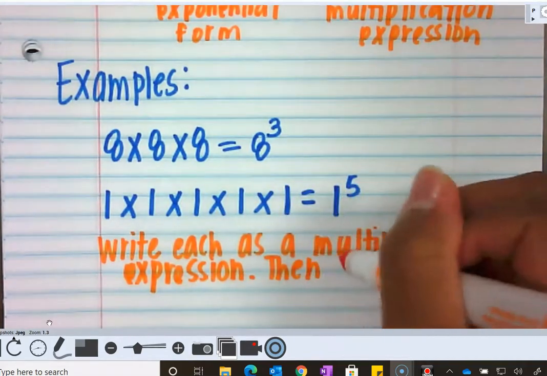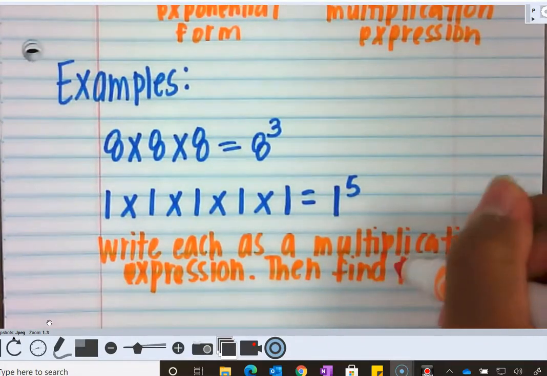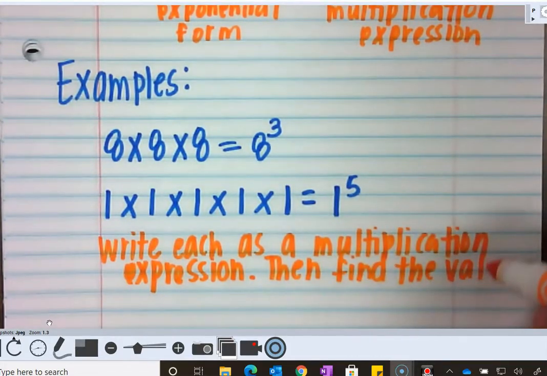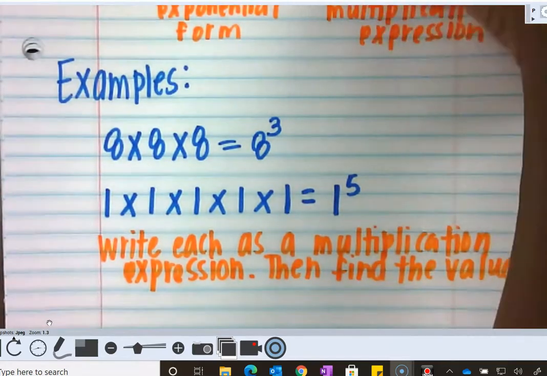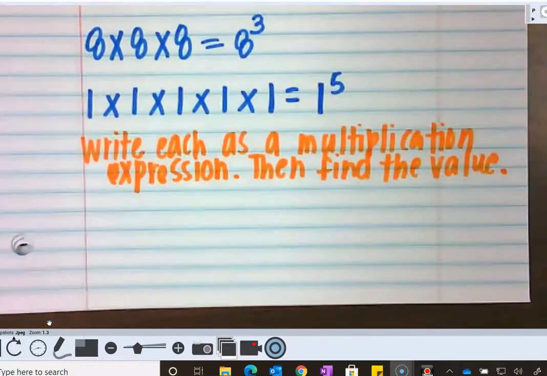Then find the value. All right, so let's try this first example. So we're actually going all the way this time. We're finding the value. So let's take a look.